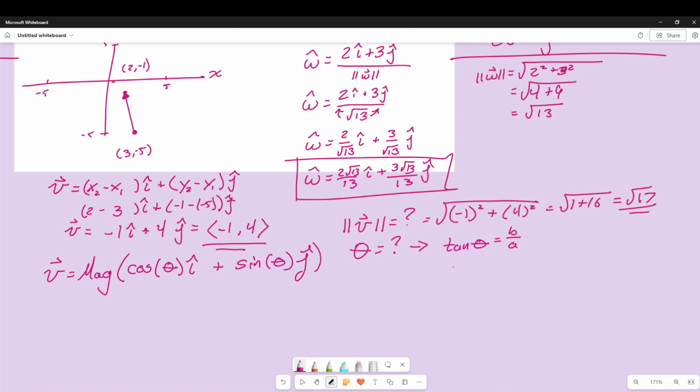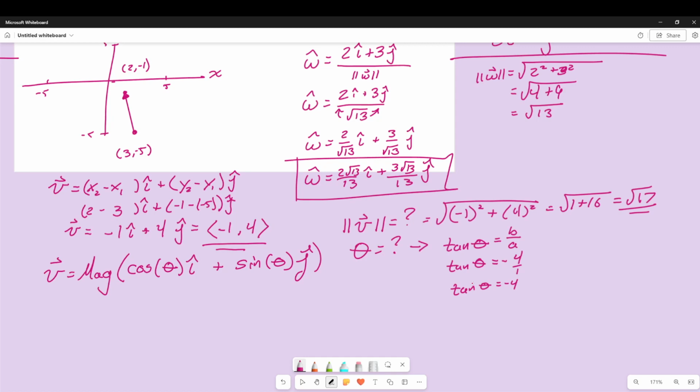So the tangent of our angle has to be negative 4 over 1, or just negative 4. Go ahead and write it. So the tangent of theta equals negative 4. And that will allow us to find our possible angles, and we can then interpret which angle we need.